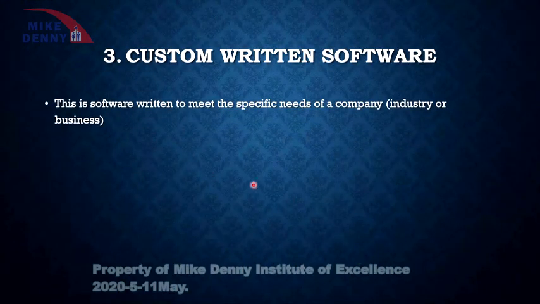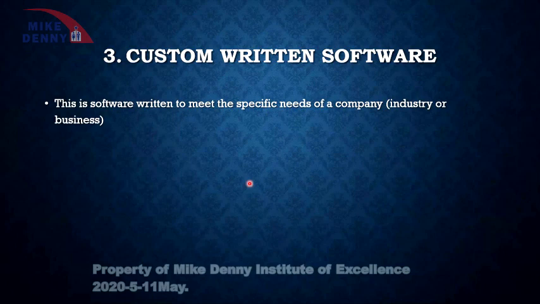Now we're going to move to custom written software. This is software written to meet the specific needs of a company, an industry, or a business. Say you have your own business, maybe you are making shoes or clothes, and you need particular software to handle your production operations.